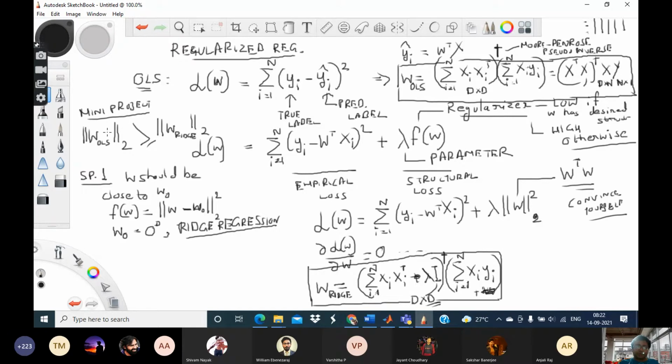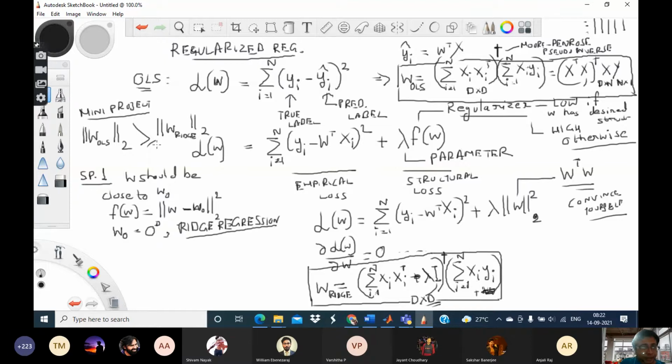Now, this will of course be compensated with a loss in accuracy. That is, the accuracy of the predicted label will have to be compromised in ridge regression compared to least square regression.